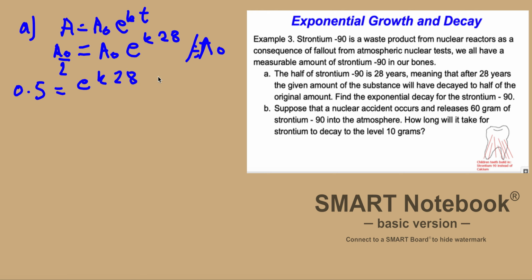Now we take ln of both sides. When we take ln, it's going to be ln 0.5 on this side, and on this side ln e to the power 28k.